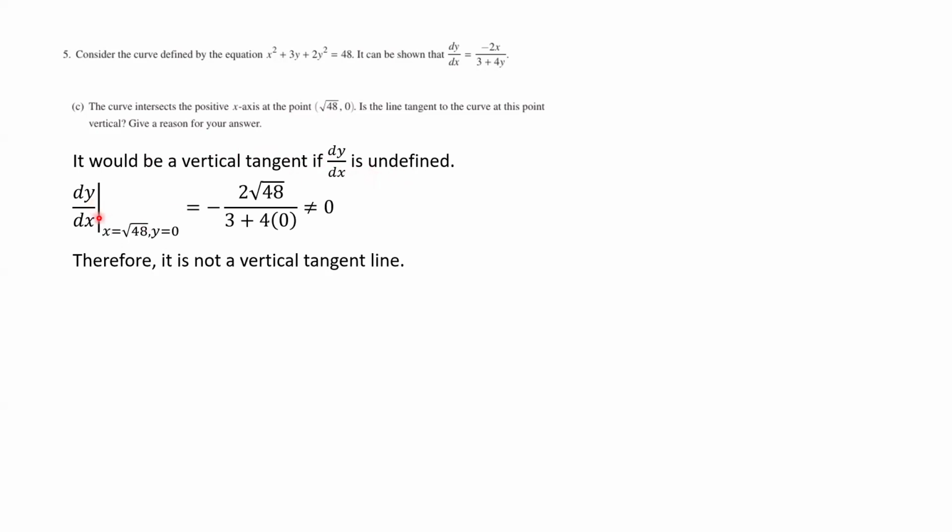So when we plug in x is square root of 48, y equals 0 into our dy/dx, remember dy/dx is slope of the tangent line. So I should have made a typo there. Let me fix it.